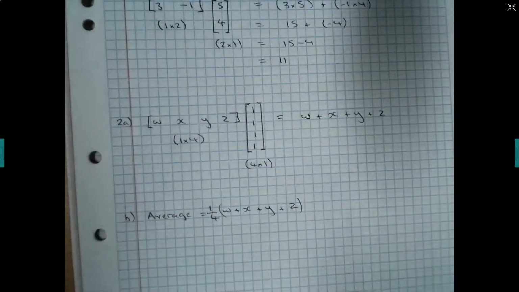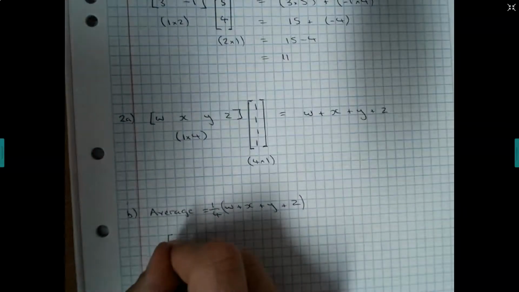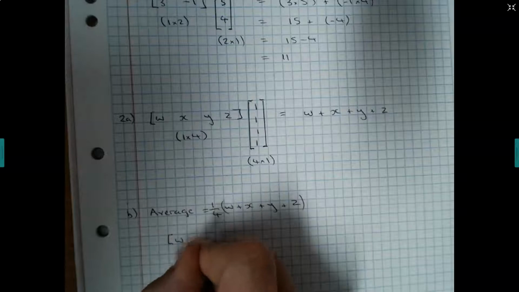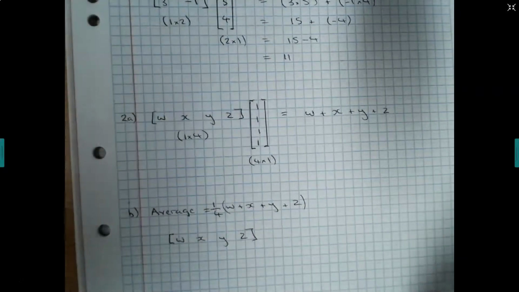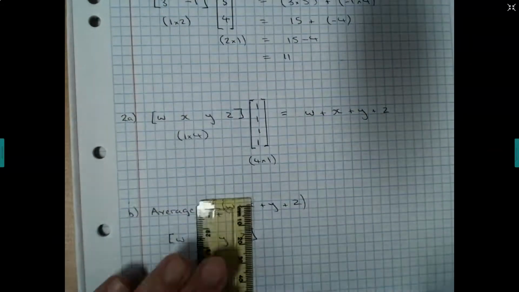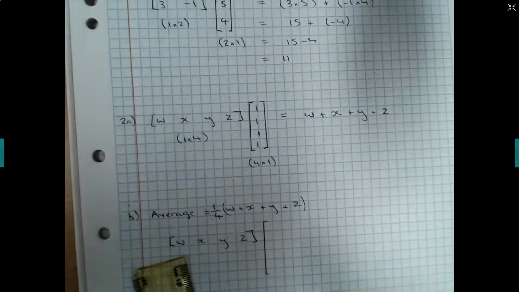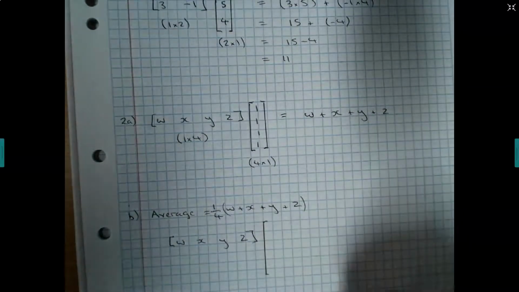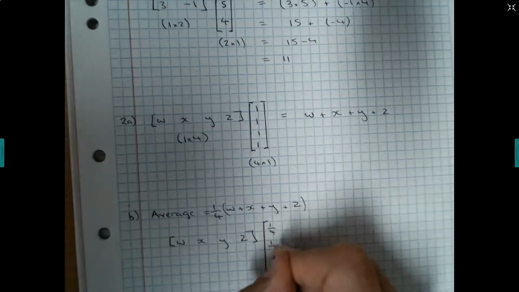So if I wanted to do some type of multiplication, I could have a matrix which has w, x, y, and z. So the order of that matrix is a 1 by 4. And then, since that's a 1 by 4, this matrix here will have to be a 4 by 1, and each of these values is going to be a quarter.